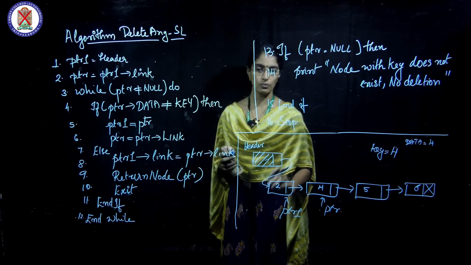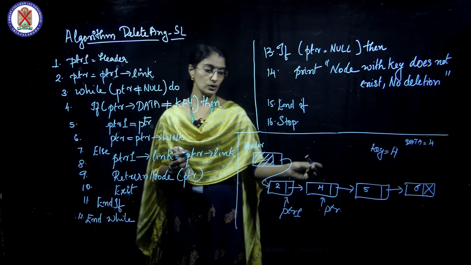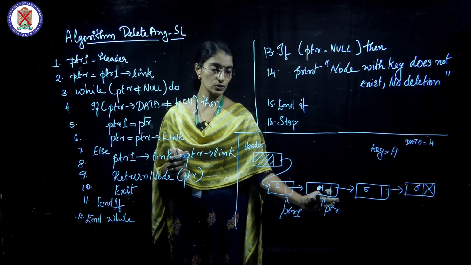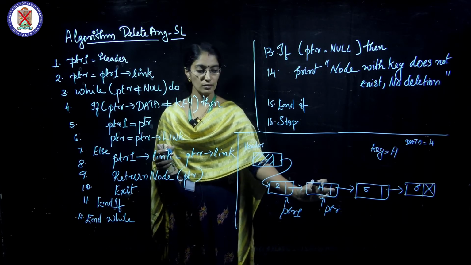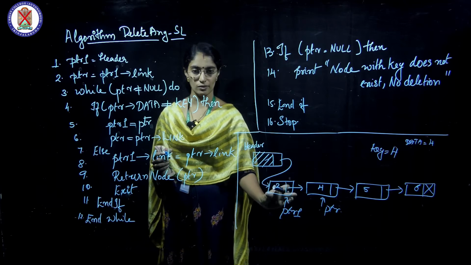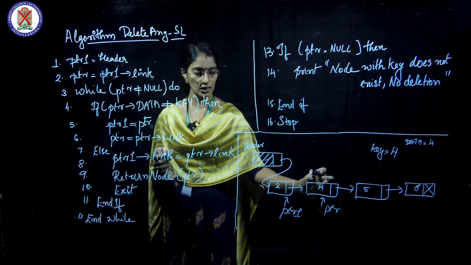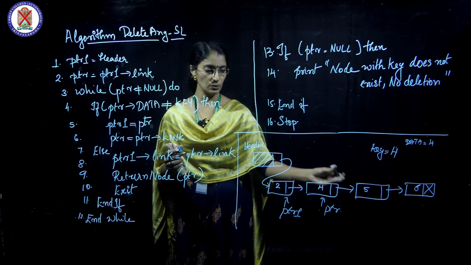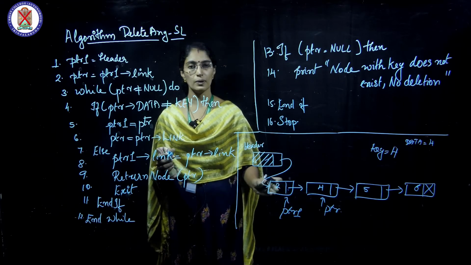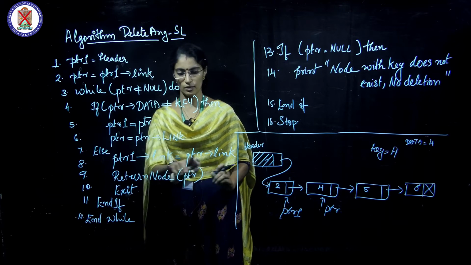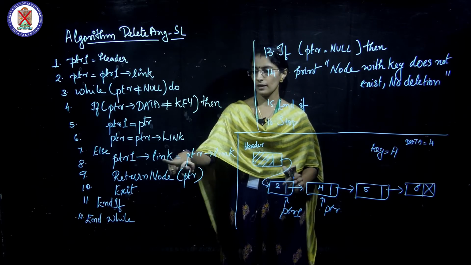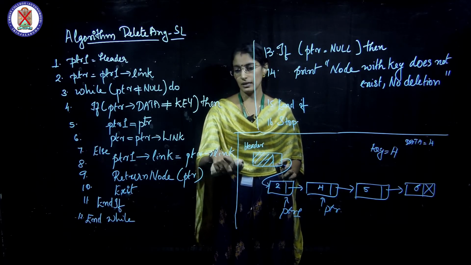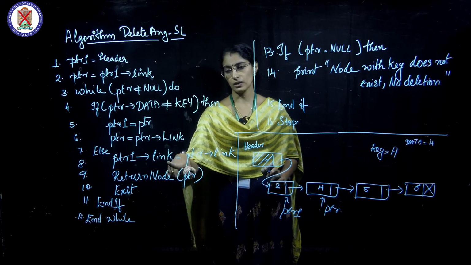In the else part, we give the link part value of PTR to the link part of PTR1. That is, the address of the next successor node of PTR should now be held by the previous node of PTR. You give the value PTR link to PTR1 of link.